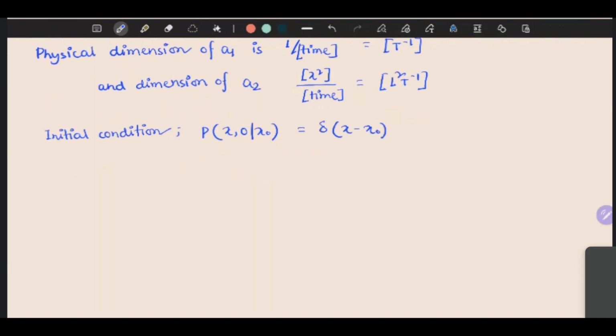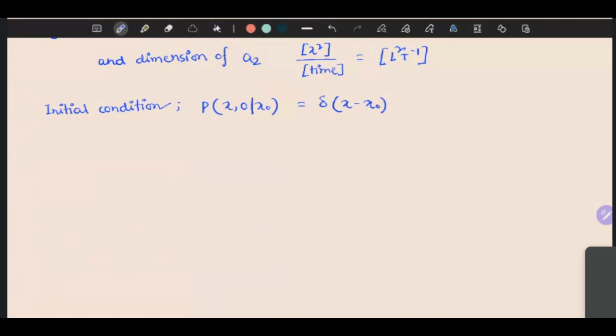And also the simplest boundary condition is that as x tends to infinity, it blows up, so that probability will also become 0.